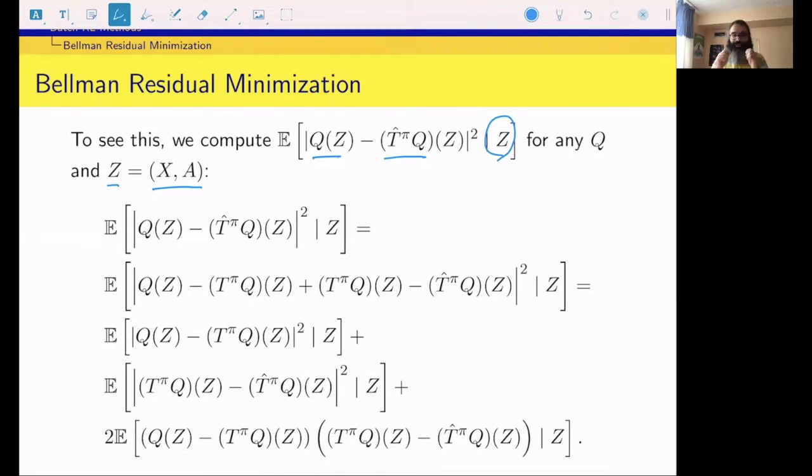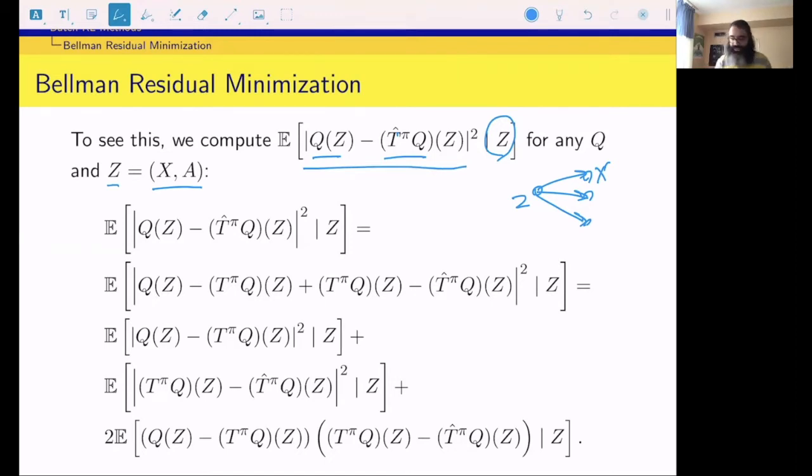I'm fixing one state and action, and the only randomness is coming from the next state, because in T hat we had reward plus gamma times Q of the next state. So there is randomness going to X prime. I just want to see the effect of this randomness on this objective.